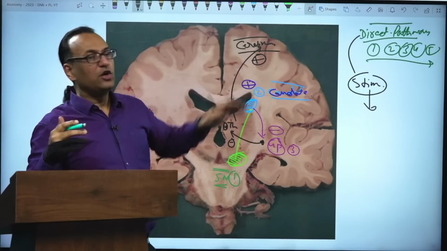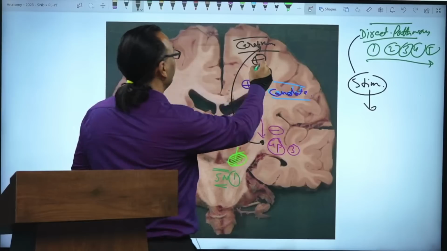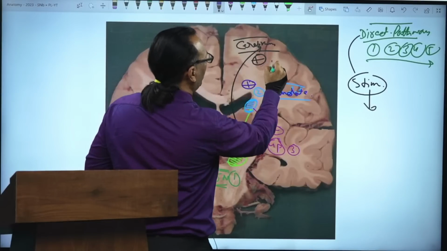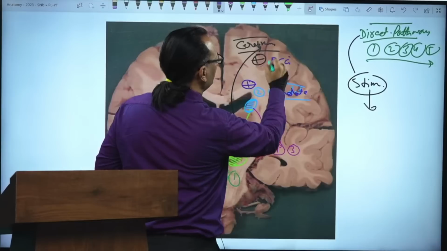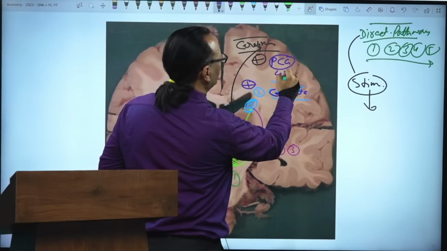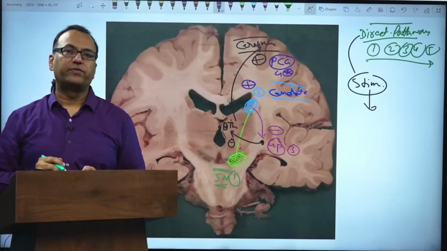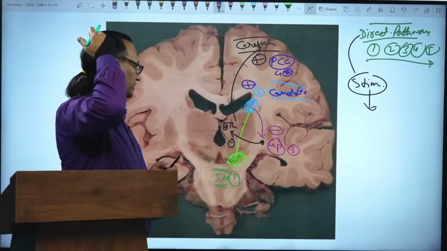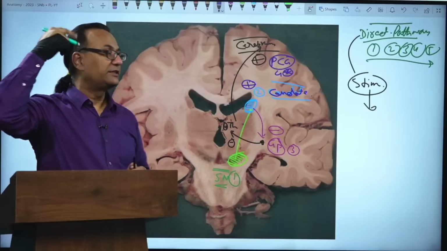And in the cerebrum, which area it is activating is a question. It activates Brodmann area number 4. There is a central sulcus. So not post central gyrus, pre central gyrus, sorry.